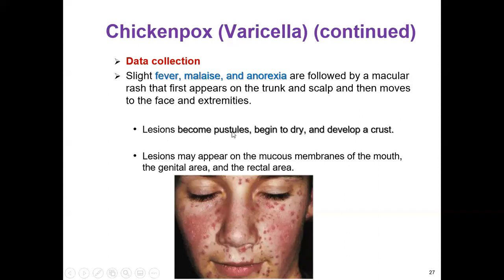Usually the pustules begin to dry and develop crusts. When crusted, it means the child is no longer contagious to others. The skin lesions also appear on the mucous membranes of the mouth, genital area, and even the rectal area.